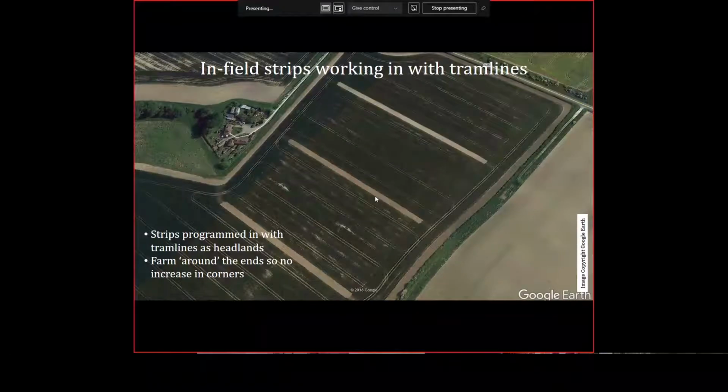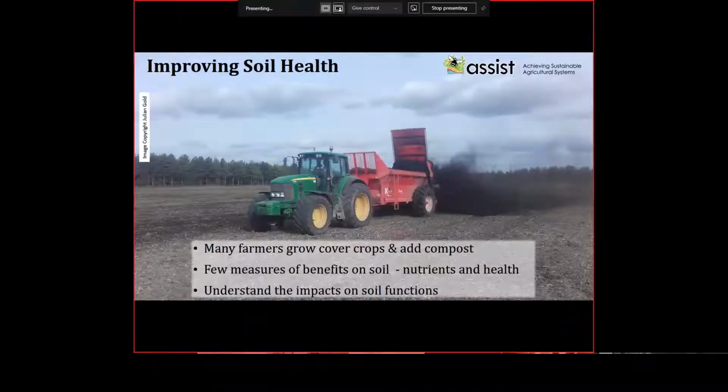And then just to pick up, I know this isn't the subject that we're talking about today, but just to mention this idea that it's important we also look at the other elements, the other challenges. So we are looking at soil health, soil structure, microbes and things like that, to see if the cover crops and the nutrients are benefiting soil health. But it's important to recognise this is a linked system, this is an ecosystem.